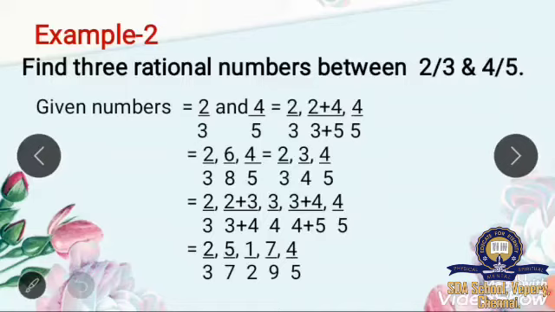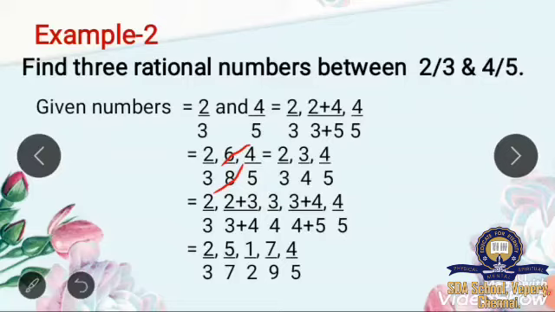So we get 2 by 3, 6 by 8, 4 by 5. Since we know that the common factor of 6 and 8 is 2, we are going to cancel 6 and 8. So we get 2 by 3, 3 by 4, 4 by 5.